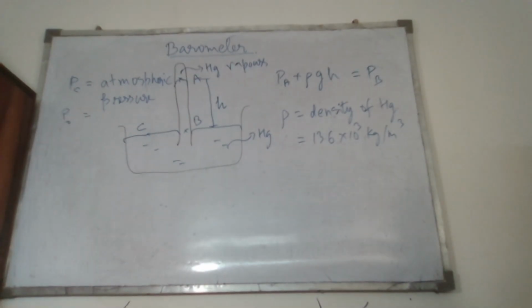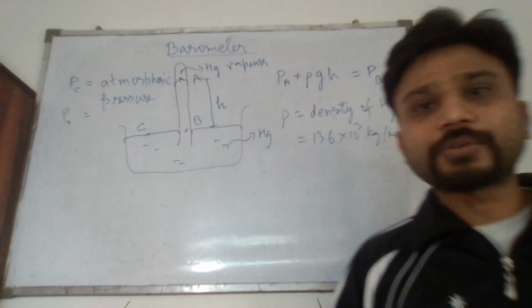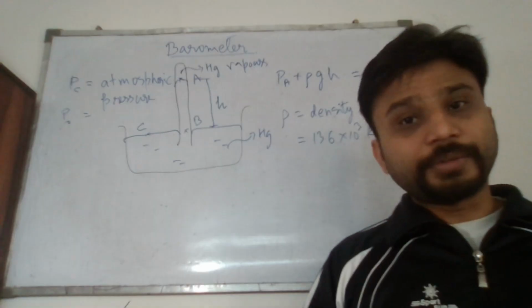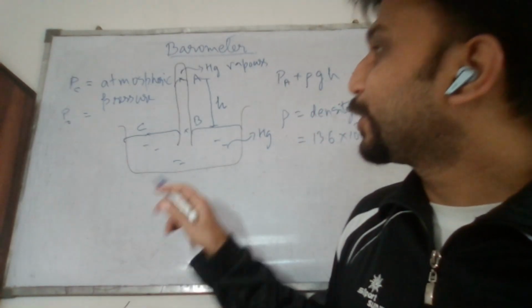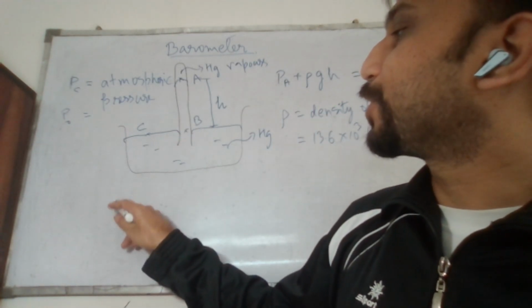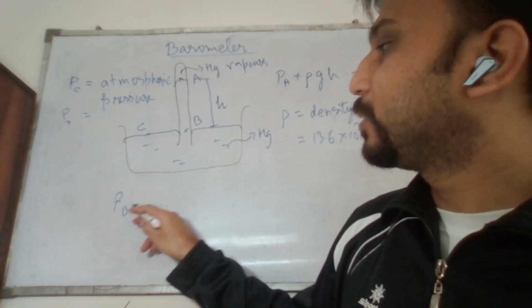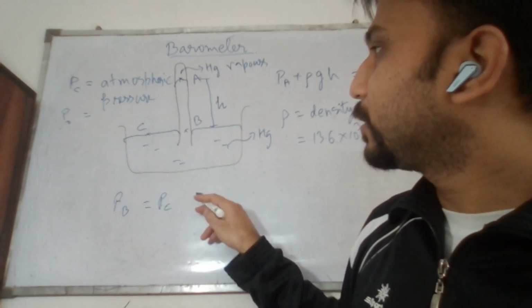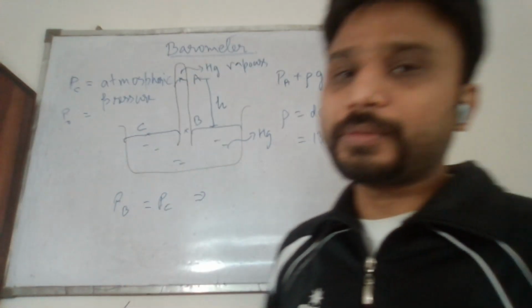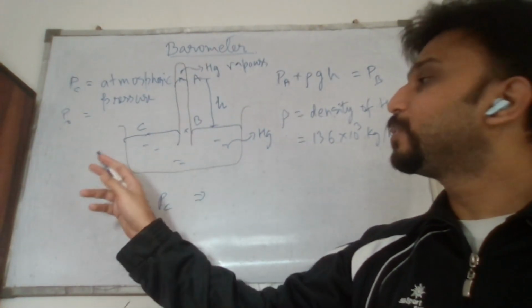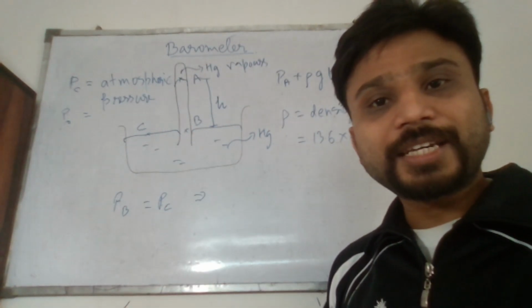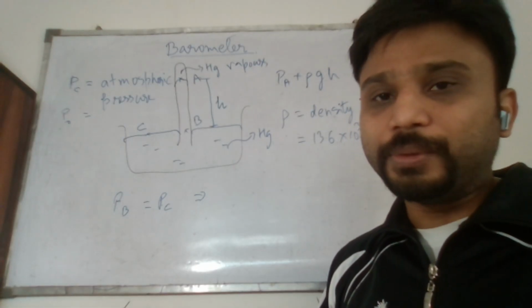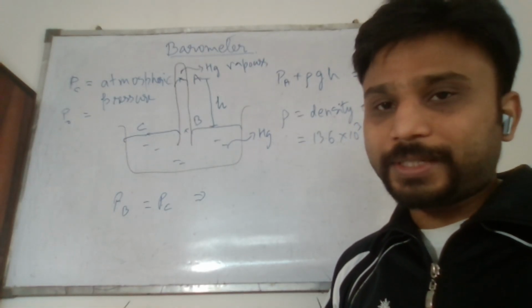So what would be the next step? I guess you have guessed it right. The next step is to equate the pressure at point B and at point C. These two pressures are equal. Why are they equal? Because they are lying on the same horizontal line in a fluid which is at rest.